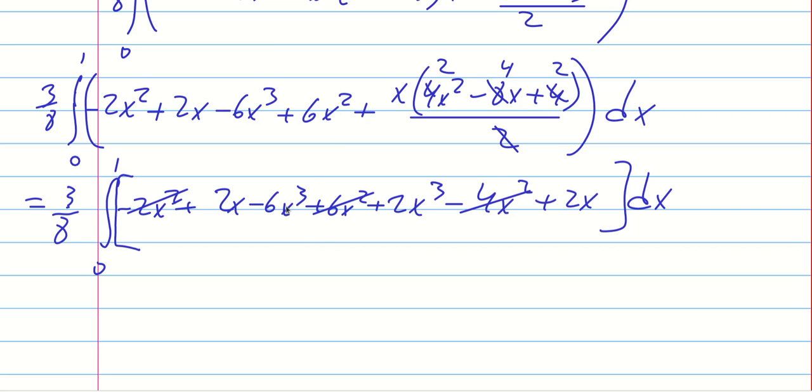We have -6x³ and 2x³, so this will be -4x³. So I accounted for this term and this term, and we have 4x at the end.